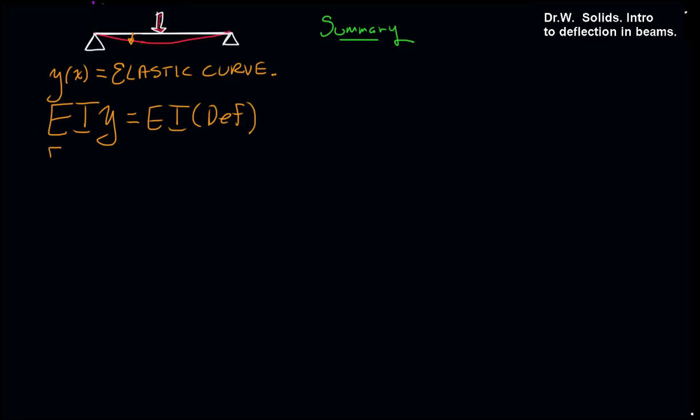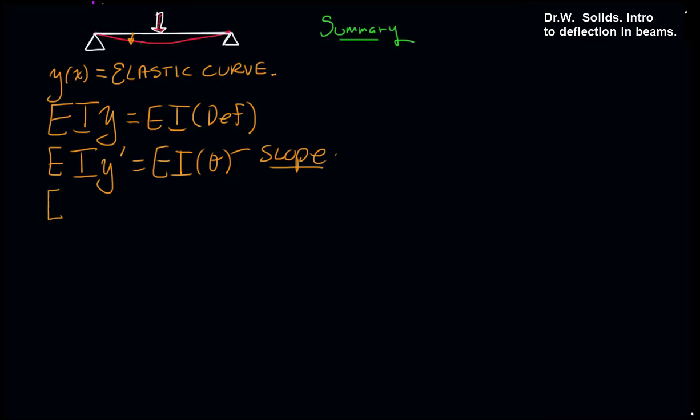We can take the derivative of this, EI y prime, which will be EI theta, which is the slope at any location along the beam. If we take the derivative again, we get EI y double prime is the moment as a function of x.